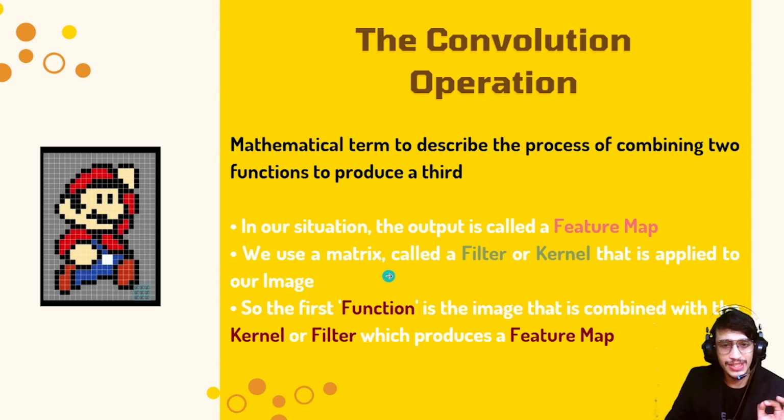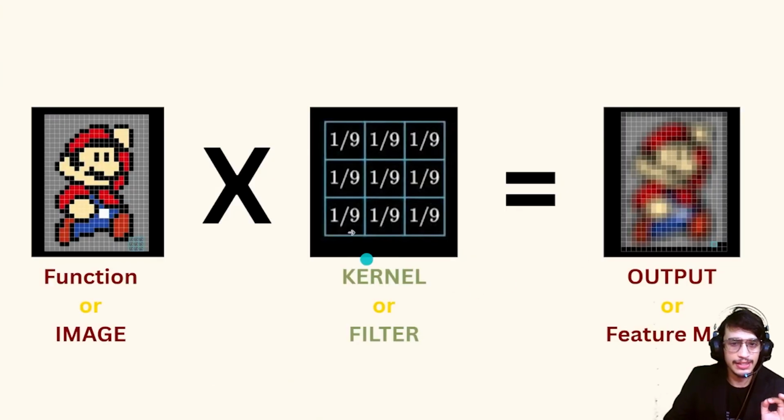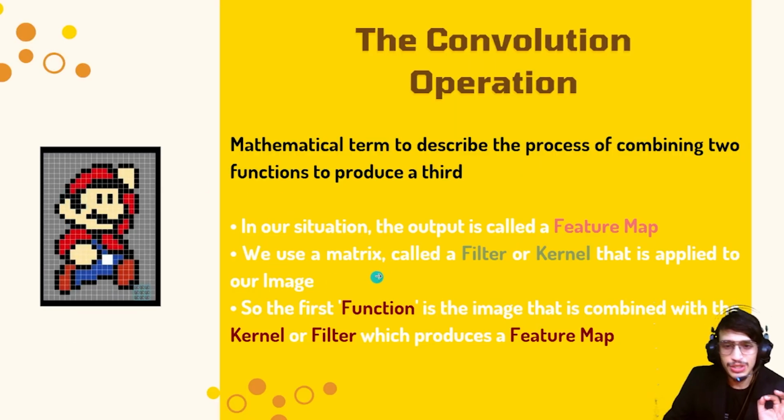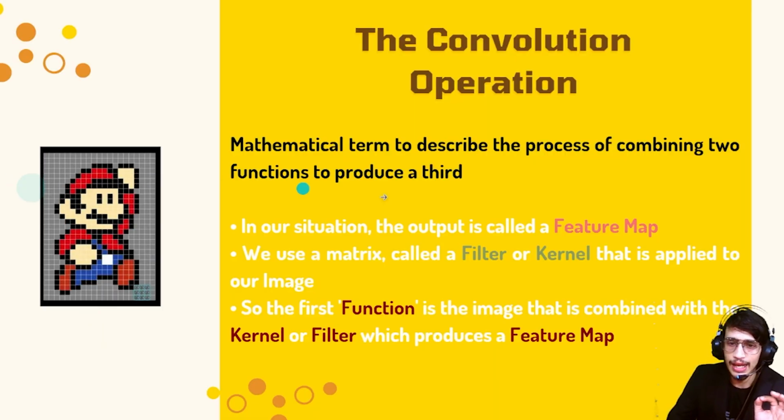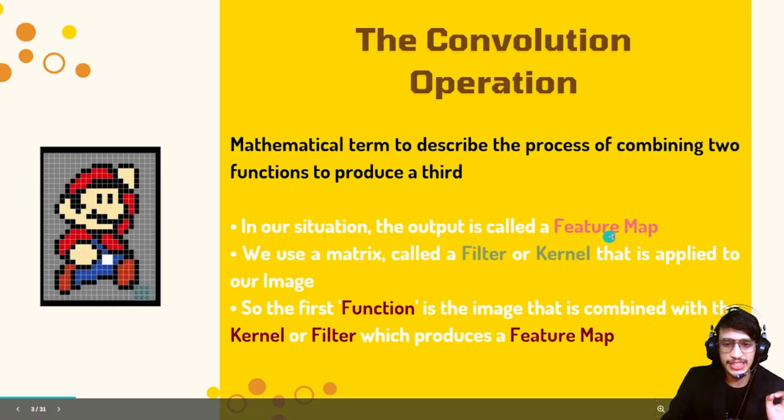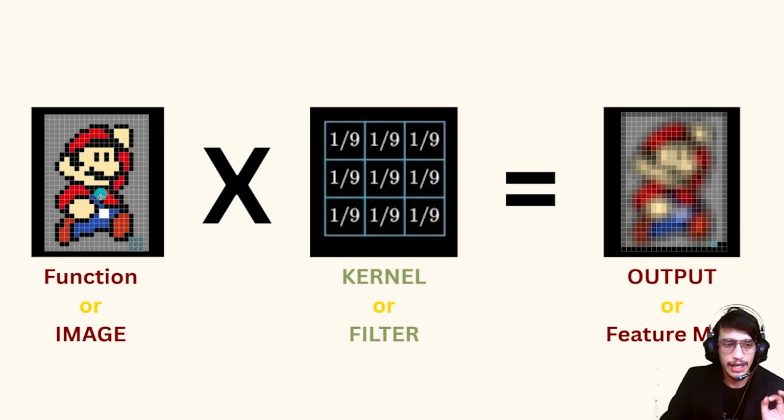In our situation, the output which we have, we refer to it as a feature map. We use a matrix, which we call a filter or kernel, and the image which we send as input is the function.